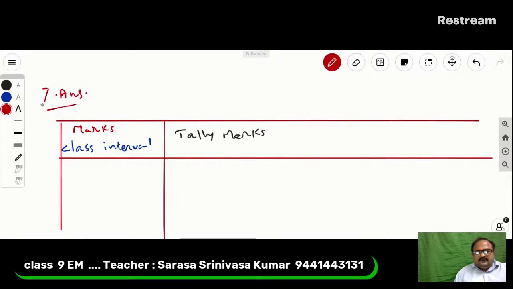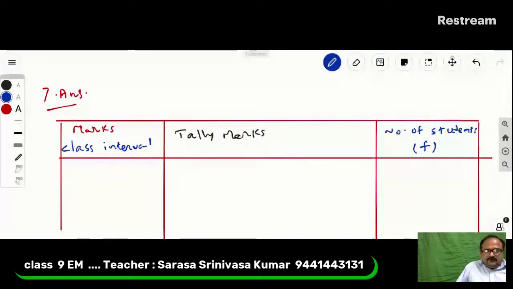Third column is number of students, that is the frequency. Now let us note down the frequency distribution table.